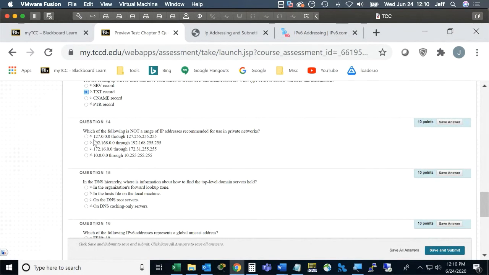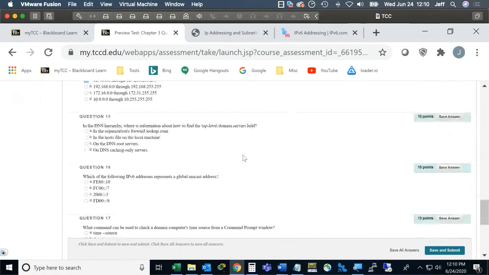So A, right? That's our lost class A for loopback. In the DNS hierarchy, where is information about how to find the top level domain servers held? C, right, on the DNS root servers.